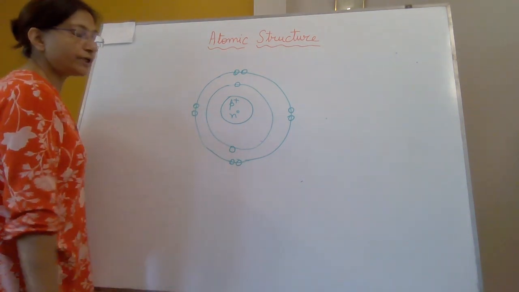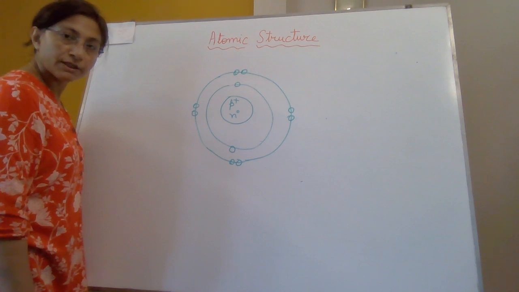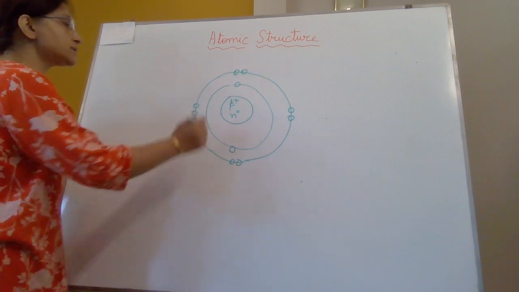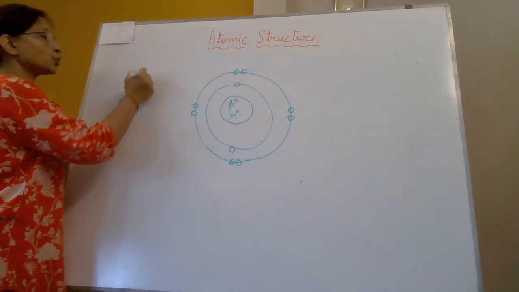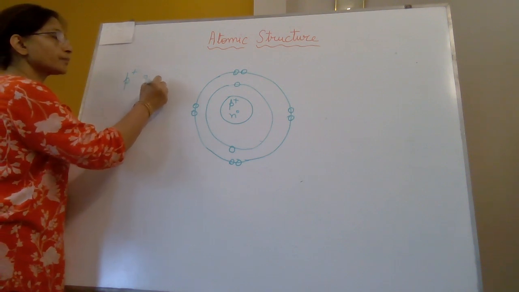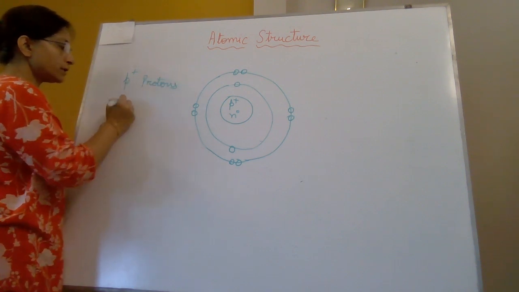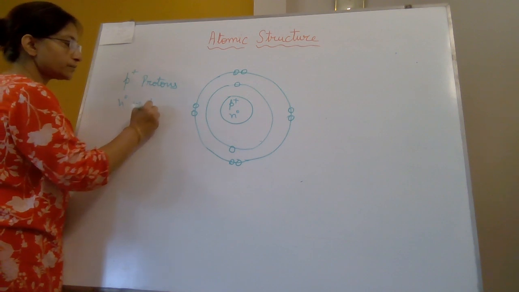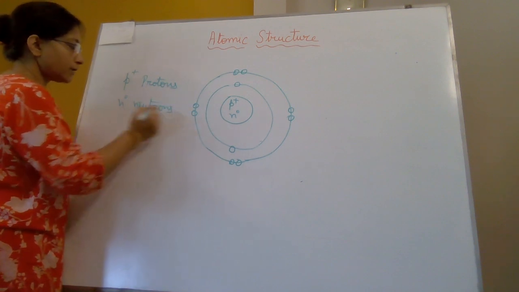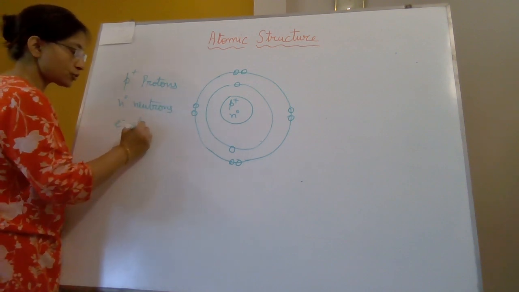So in a nutshell, we can say that there are three types of subatomic particles. Number one, protons. Next one, neutrons. And the last one is electrons.